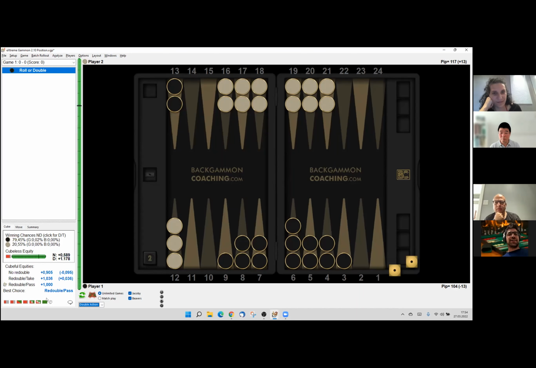Good thing about this is that, if we think about it, it doesn't matter whether the cube is in the middle or it's a redouble. Because when you are taking a cube, if you are playing a money game, or the score is 0-0 to, let's say, 11 points, when it's a normal score, then each point has the same value.